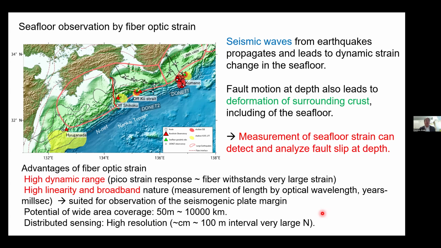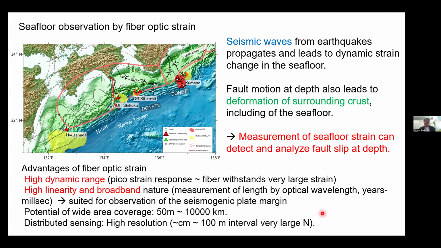Most importantly, our optical fiber strain measurement uses an interferometric technique and gives us a significantly high dynamic range from picostrain to the tolerance of the optical fiber itself, often close to 1% strain. The interferometric measurement also assures high linearity and broadband response of the measurement, accurate from millisecond to years period.